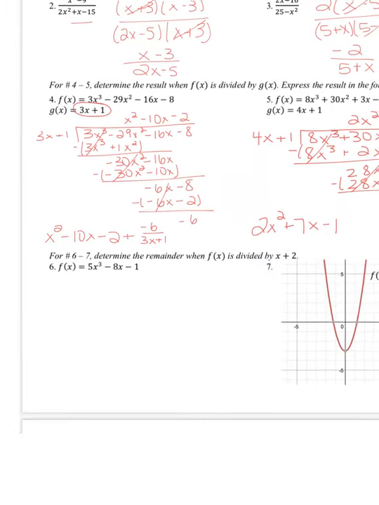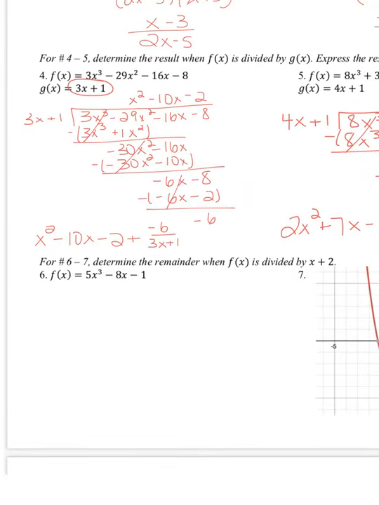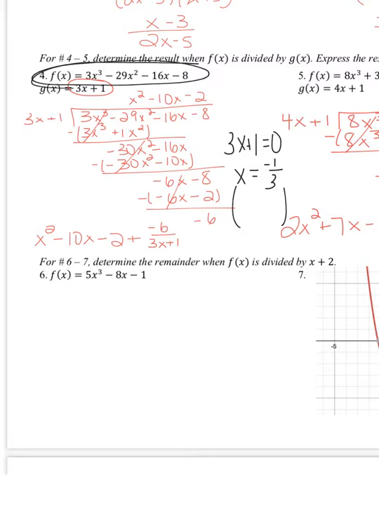If we head back up to number 4 and 5 for a second. Number 4, you were dividing by 3x plus 1. So I'm going to put that here. If you set that equal to 0 and solve, you get x is equal to negative 1 over 3. If you remember, in class we did this. That means that this function f of x contains the point negative 1 over 3, comma, the remainder, negative 6.